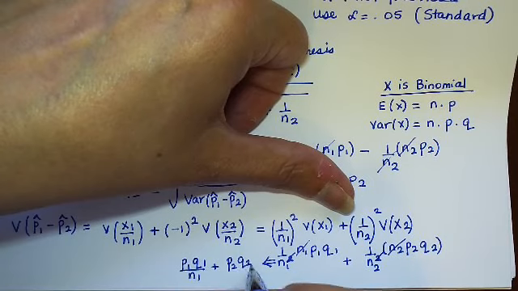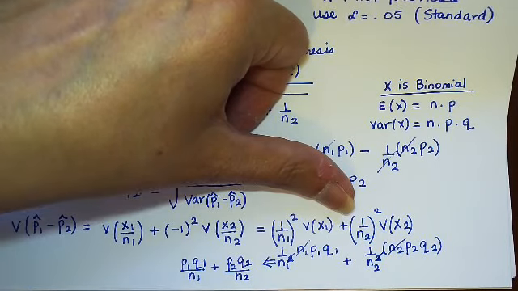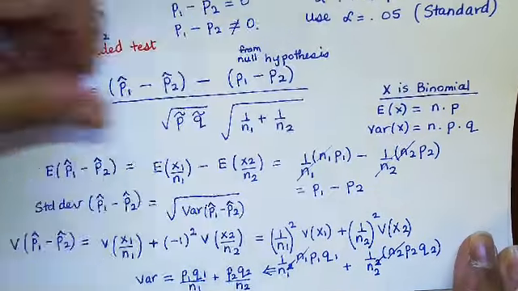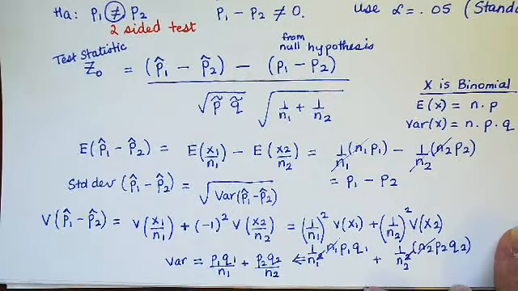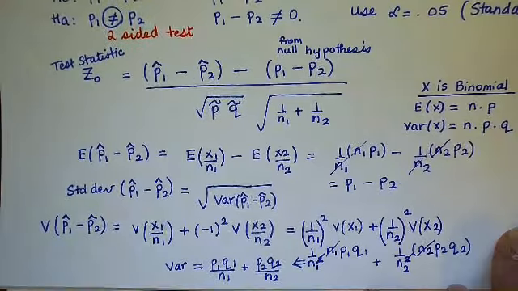Q1 over N1 plus P2 Q2 over N2. That's the variance.